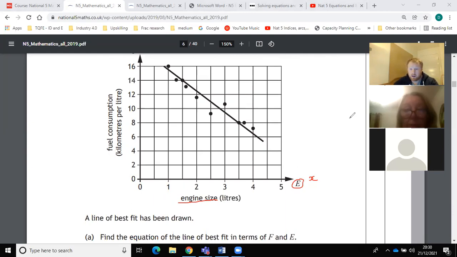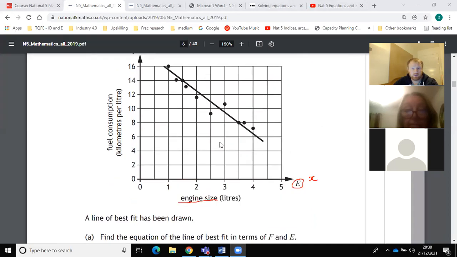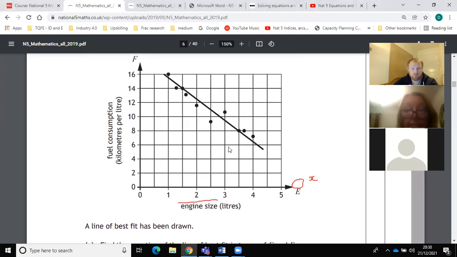The y-axis, they've used the letter F. It's the same thing, just a stand-in letter. So that letter F is just your y-axis, and your second letter in your coordinate is just going to be your y.